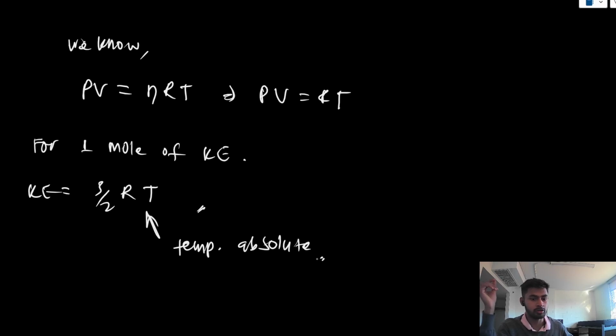And we can just compute the kinetic energy of that entire vessel just by using the absolute temperature of that container, which is given by the equation 3/2 RT, which is a big deal in itself.